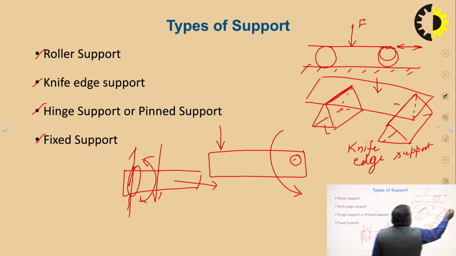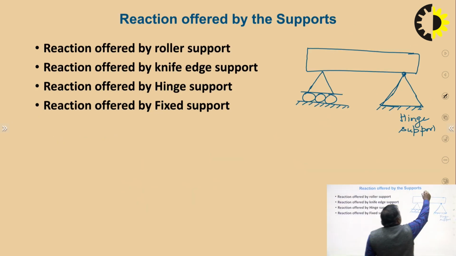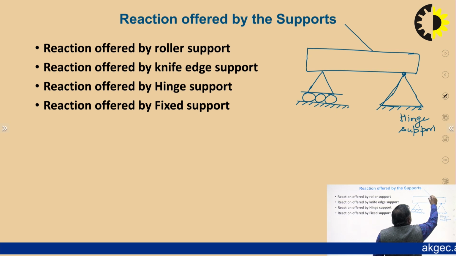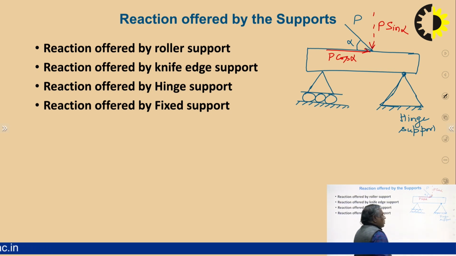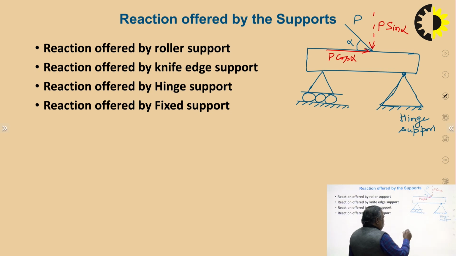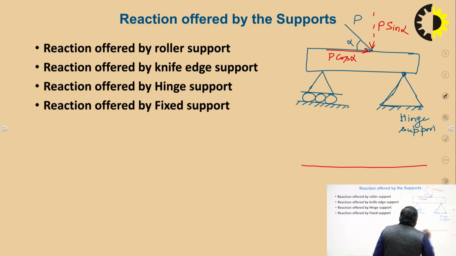Now it is subjected to again inclined force P. This angle is alpha. So you will resolve this force as P sine alpha, and this is P cos alpha. So in roller support, it can resist only the vertical direction.